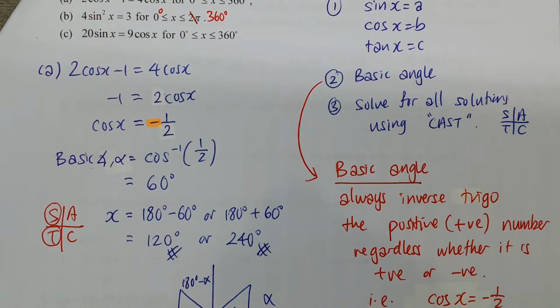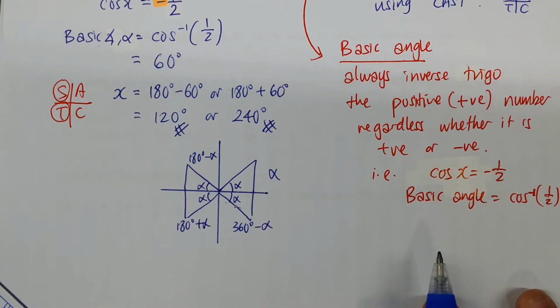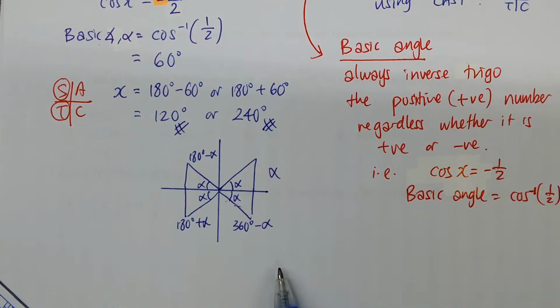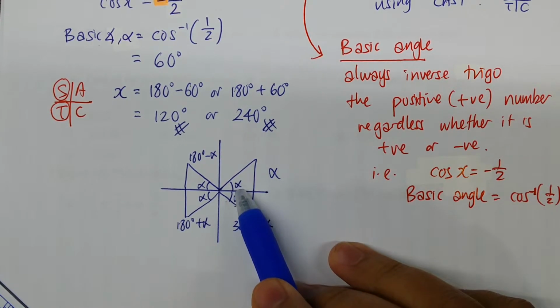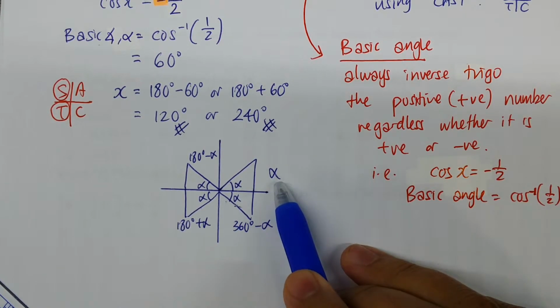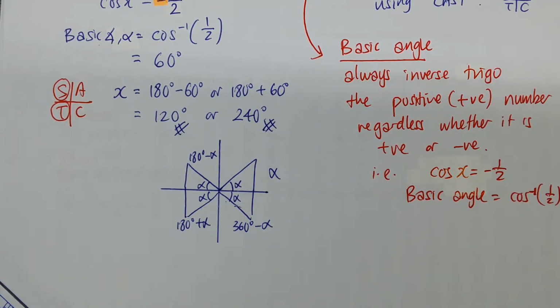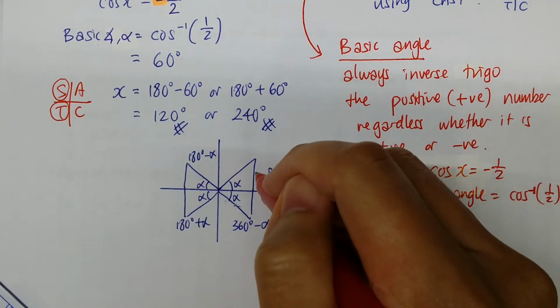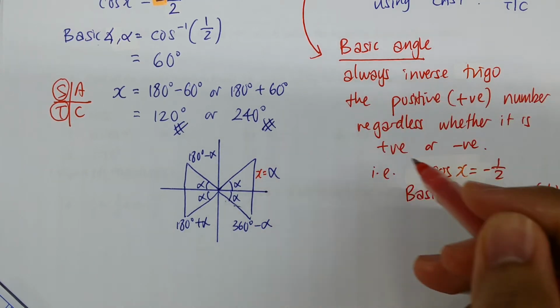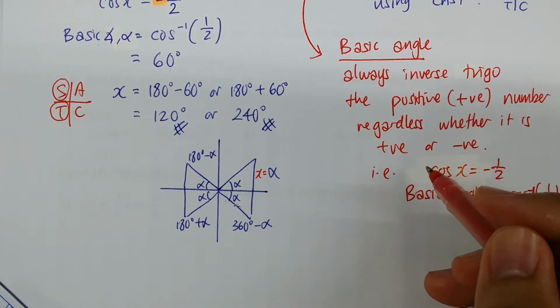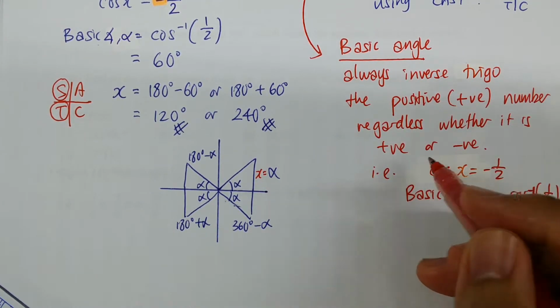Last but not least, this is alpha. The huge angle, reflex angle, will be 360 minus alpha. Okay, you can refer. Also, sorry, you didn't see it. I repeat one more time. If alpha, the basic angle, is here, then x will be alpha. It's written in the earlier parts of these notes.